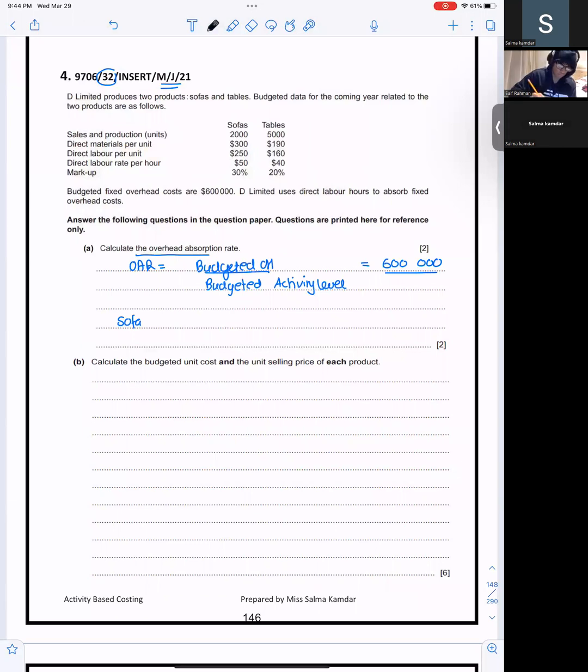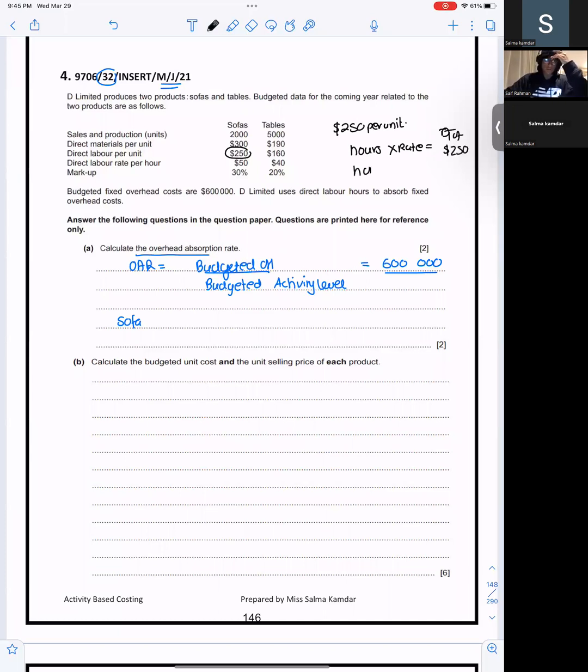Labor hours for sofa. You have to pay them $250 per unit. So hours into rate is going to give me the total. Total is $250.